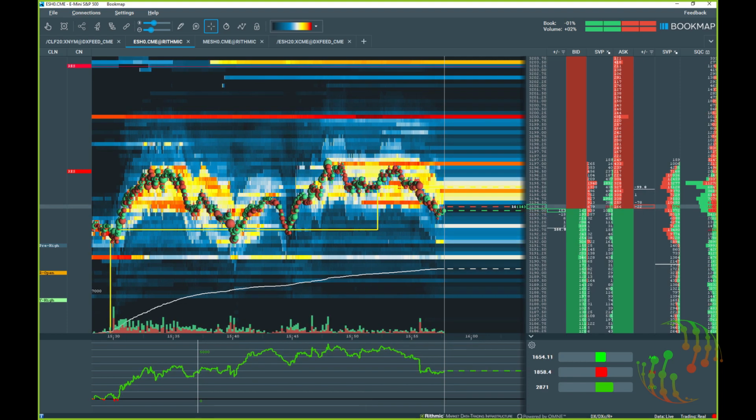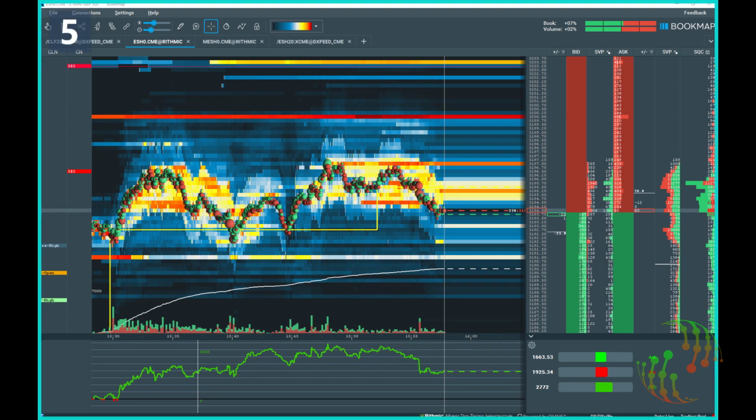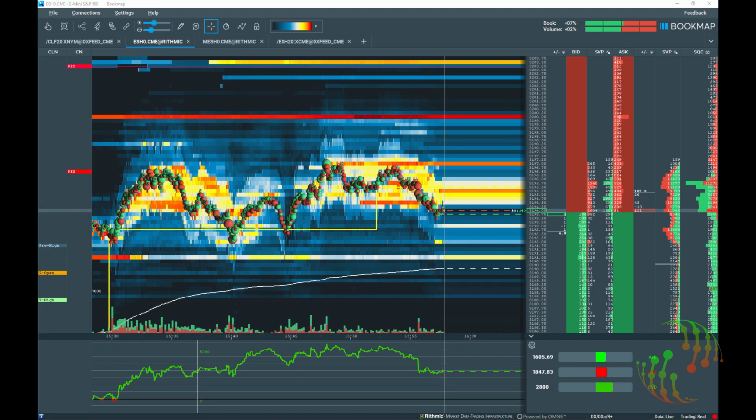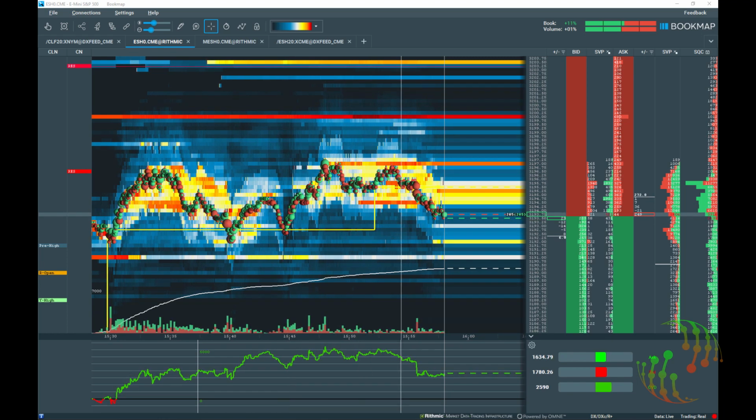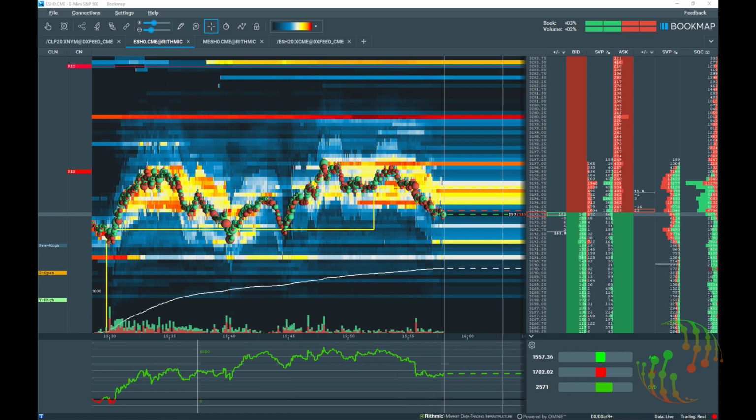Let me share you my screen. I'm sharing here. This is the Apple and the Microsoft screen I have here. You see this huge resistance here at Apple as well as for the Microsoft share.